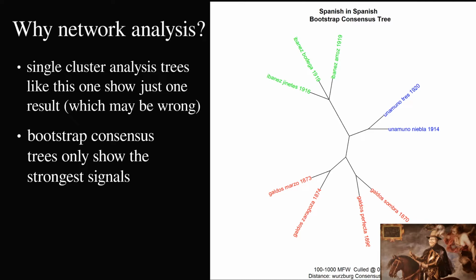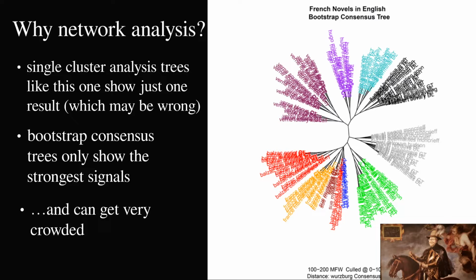Also, as you might remember from yesterday, sometimes when you have a lot of texts, the diagrams can be very crowded and become unreadable. This diagram beautifully shows by its patches of color that English translations of French novels still stick mostly together by the original author.